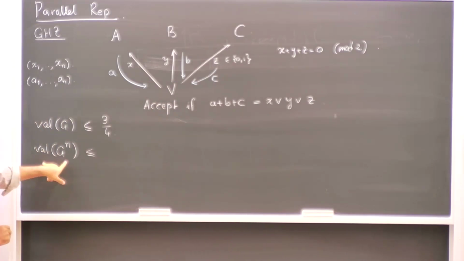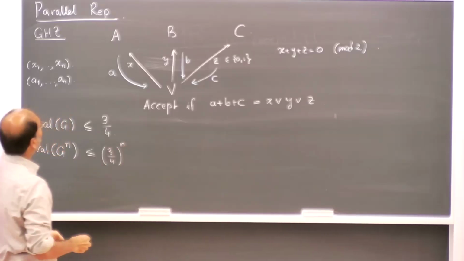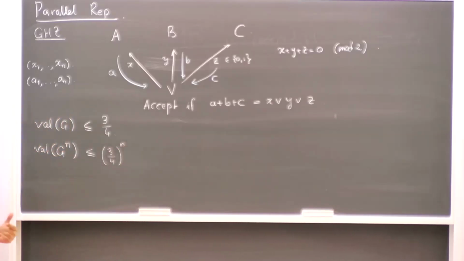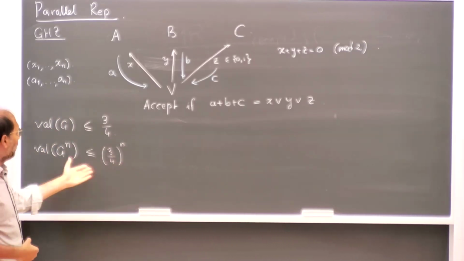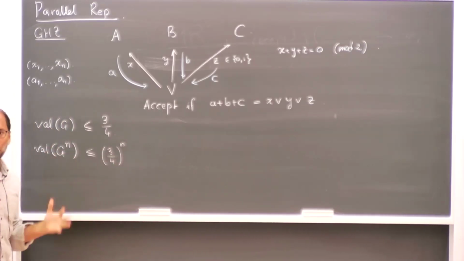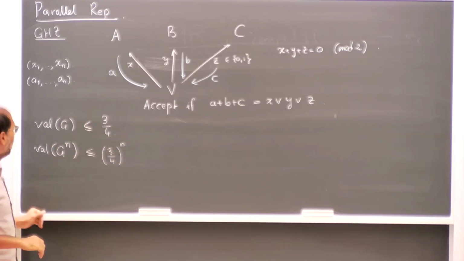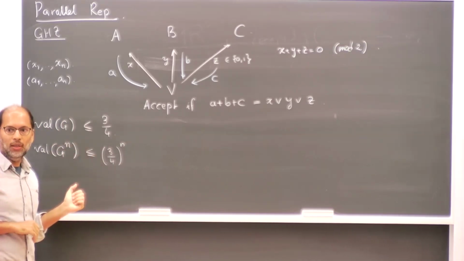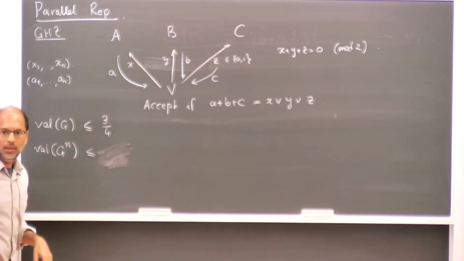Now the question is the same: what's the maximum probability with which the provers can convince the verifier? Now you would hope that if the provers simply use the same strategy on every coordinate independently, then it would certainly be 3/4 to the n. But it turns out that the provers could have more sophisticated cheating ways of answering, where the answers on different coordinates could somehow be correlated. And you would still like to prove upper bounds on the value of G to the n. And this turns out to be a surprisingly difficult task.